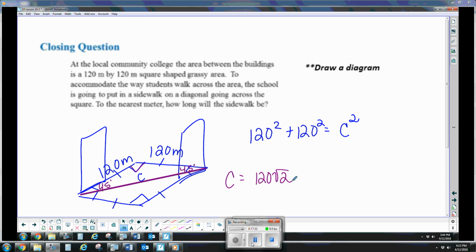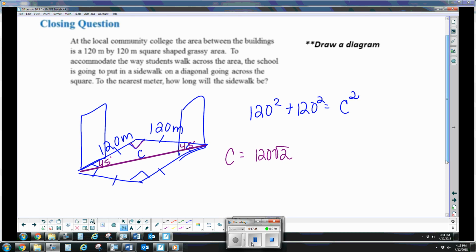Now it's asking for you to round to the nearest meter, so you don't want to leave your answer in 120 times the square root of 2 meters. You'll use your calculator to round. So 120 times the square root of 2 is approximately 170, so that's how long our sidewalk will be.